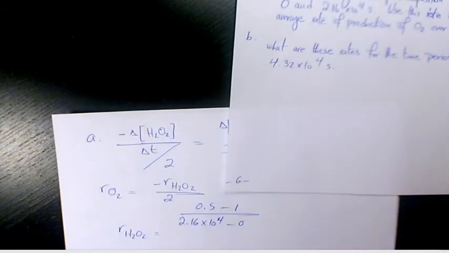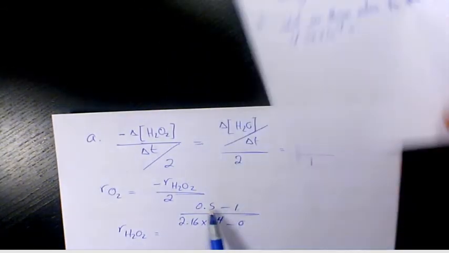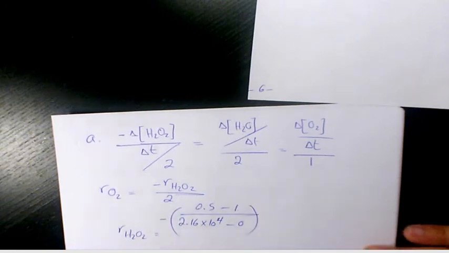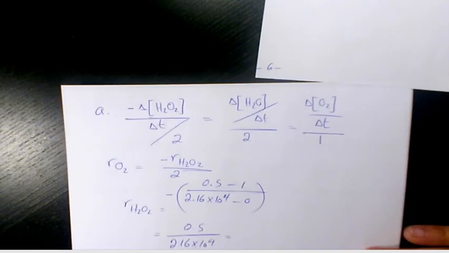So we need to write the initial one here and the final one in here, and then we need to multiply it by a negative sign. So that's going to be positive 0.5 over 2.16 times 10 to the power 4. Then the answer is going to be 2.31 times 10 to the power of negative 5 mole per liter per second.